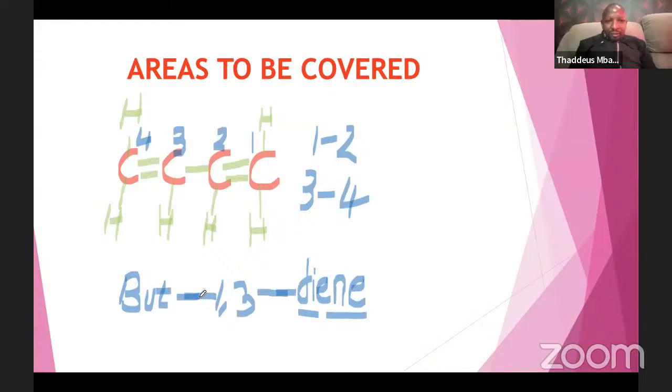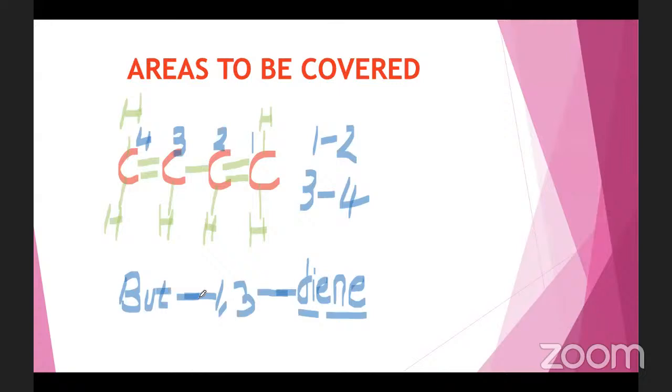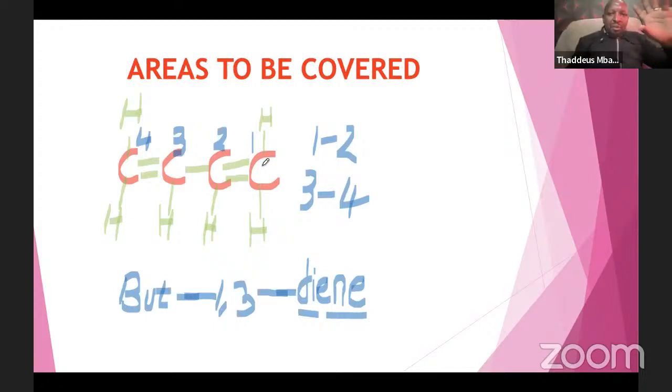Can I repeat? Yes, for people who have not understood. If you have more than 1 double bond, you start counting from the side nearest to the location of the double bond.